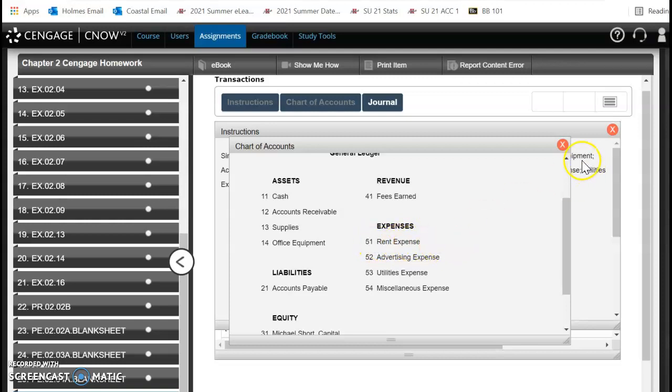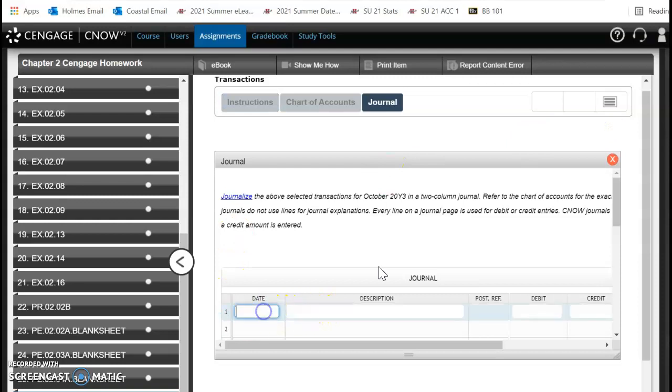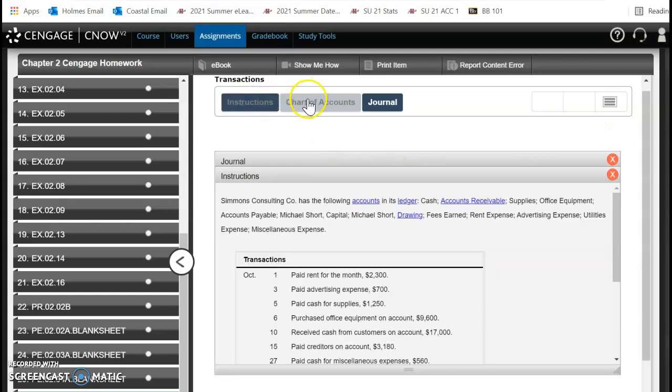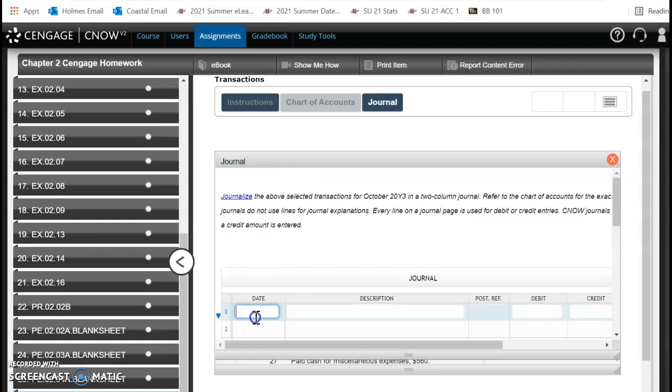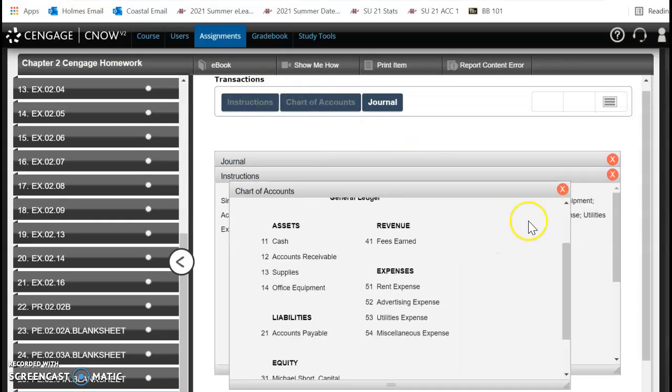So we need to debit rent expense. And then the date, let's look at the date, October 1st. So let's try to put October 1st. And then rent expense and a debit for $2,300.